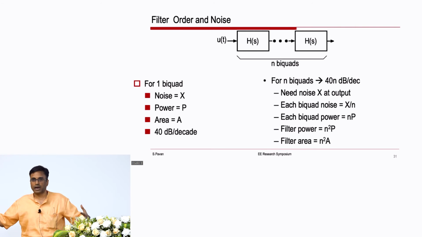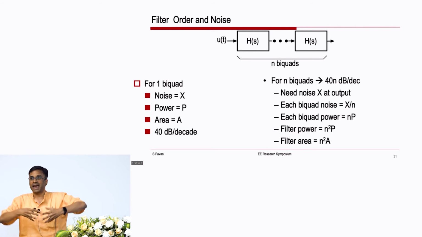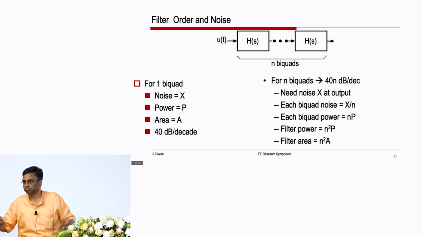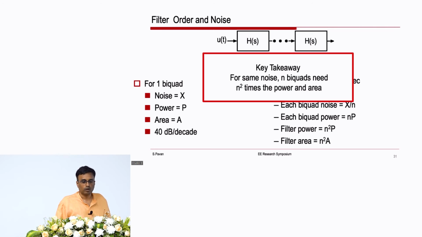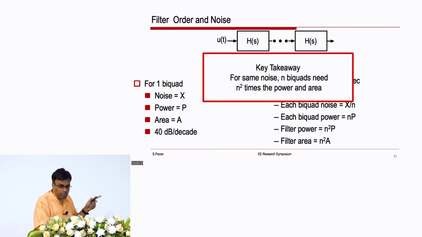You have n of these biquads. So, the filter becomes n square times larger. So, to summarize, for the same noise, if you want to build a sharper filter, it is actually very expensive to do so. You will be burning n square times the power and consuming n square times the area.